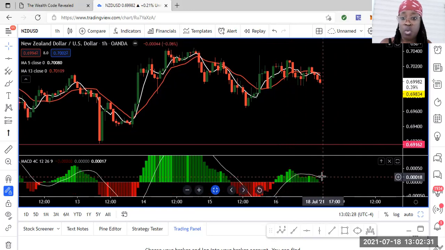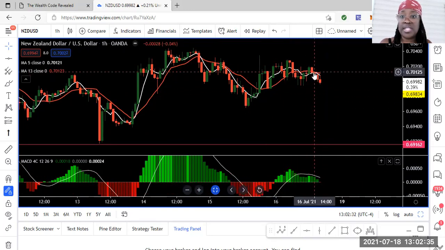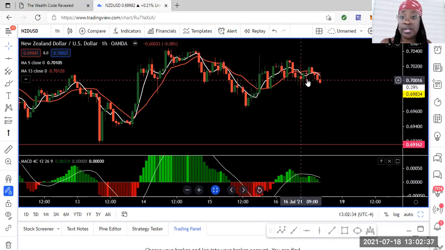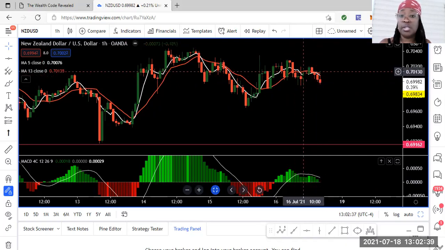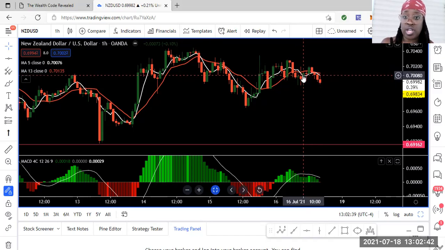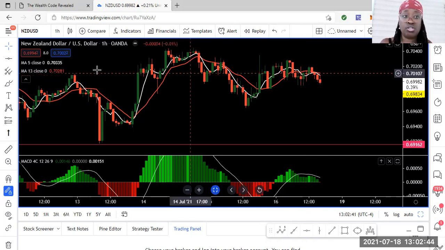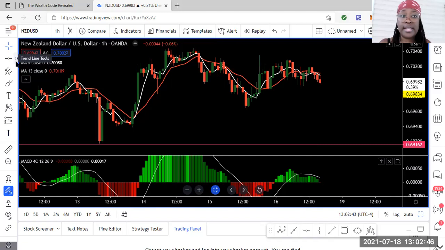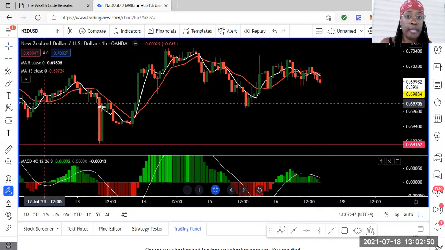We see our MACD is descending. We also see that price is under my moving averages. Again, selling pressure is here.